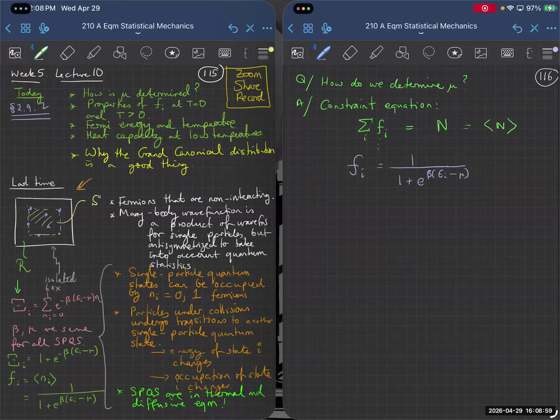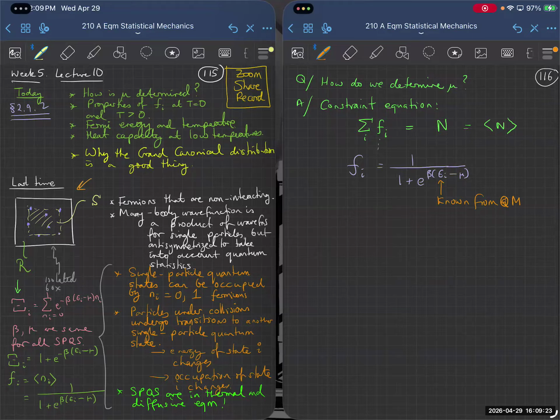The sum over i is a sum over states. Epsilon i is the energy levels of those states. So this is something that is known by solving the quantum mechanics problem. So if you're dealing with, say, isolated particles in a box, you know what the energy levels already are. So that's given by doing the quantum mechanics.